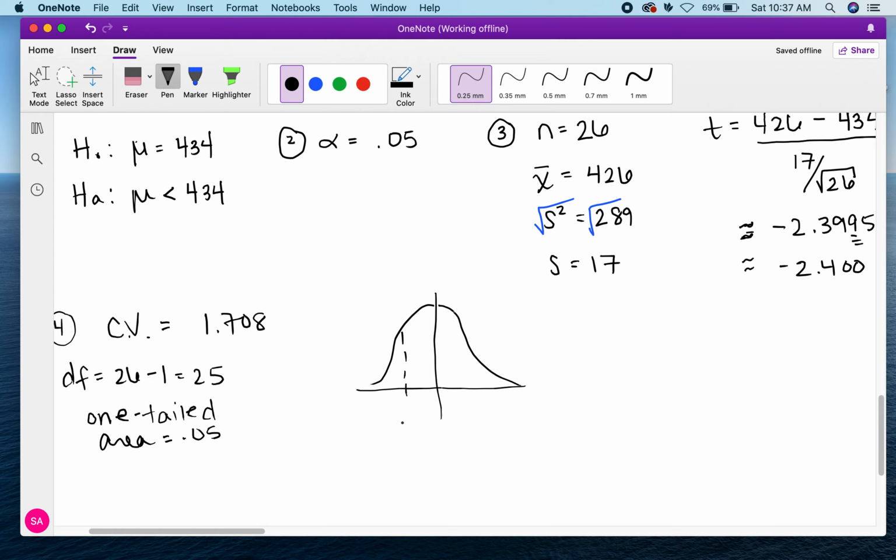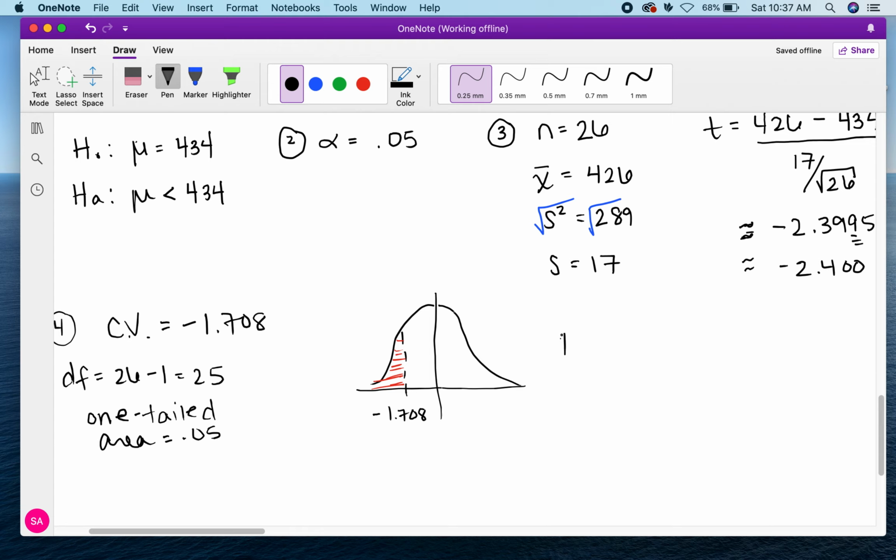So if it's on the left, that means it's actually going to be a negative value. So it's going to be negative 1.708. So I'm going to throw that negative out in front over here. And that's always going to happen when we are dealing with the less than. So our rejection region is going to be everything to the left of that.